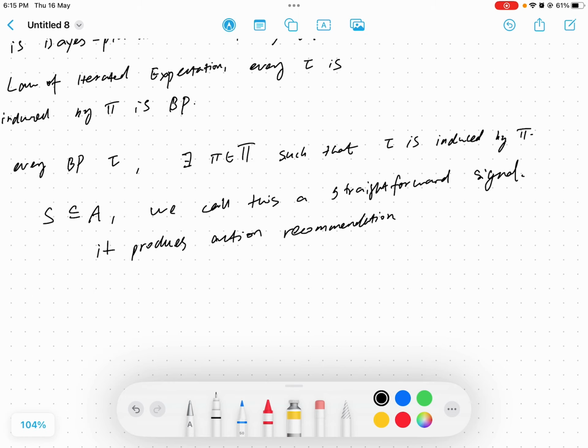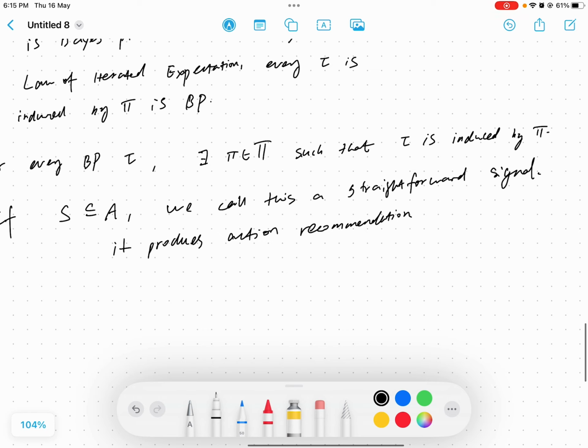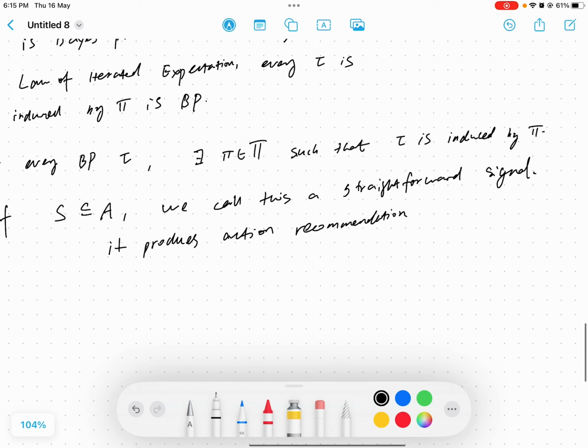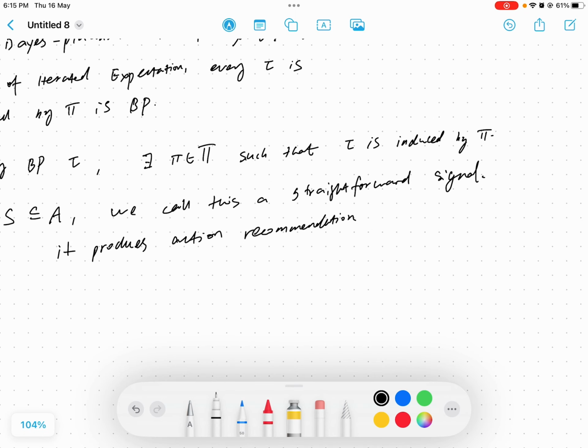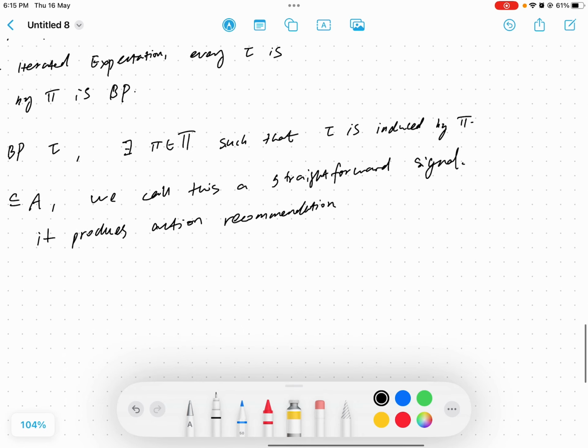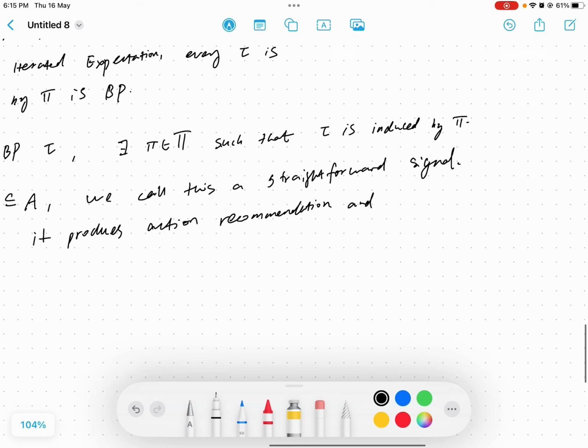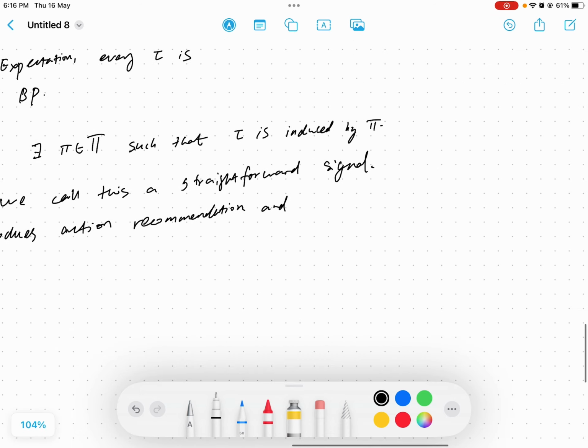So then the receivers don't need to think more about the meaning of those signals, and they just follow those signals to take their actions, right? So this is pretty easy for them. So this produces the action recommendation, and receivers always follow that recommendation.